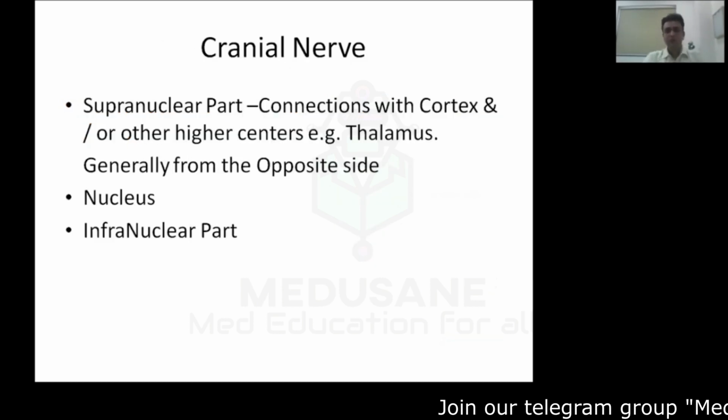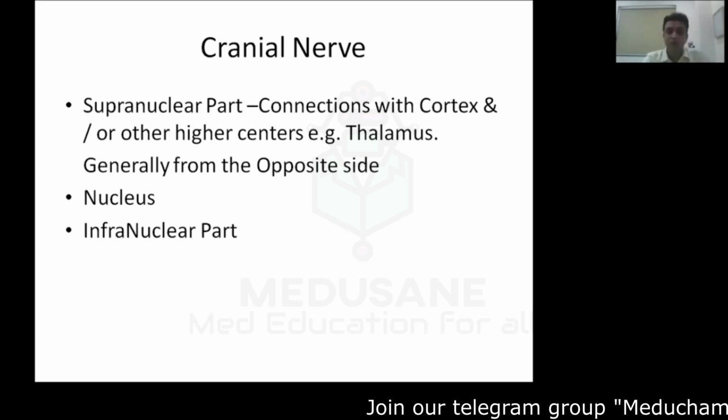Fine. So what we know about the cranial nerve is that it has a nucleus, a supranuclear part, and an infranuclear part. This is common for all of the cranial nerves. The nucleus is situated in the midbrain, pons, or medulla.